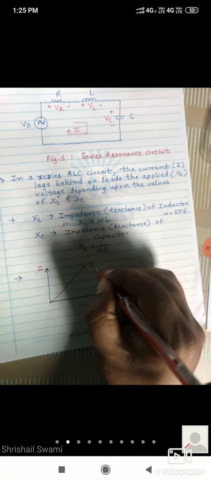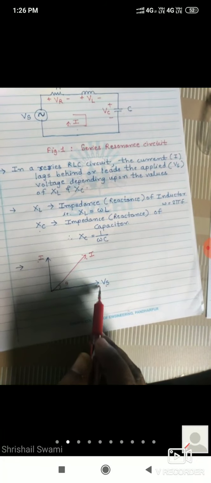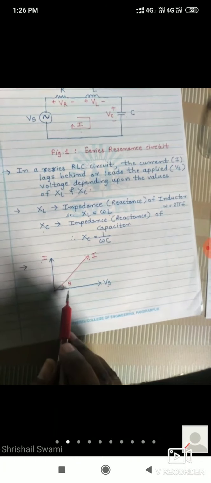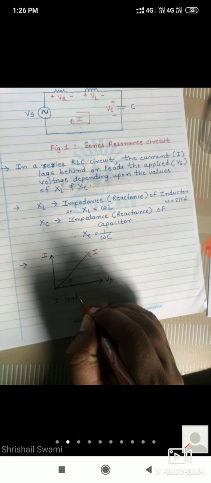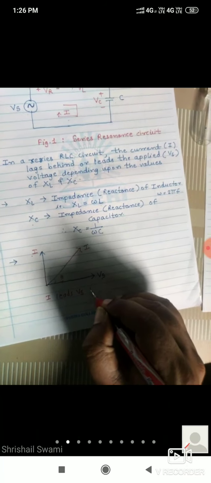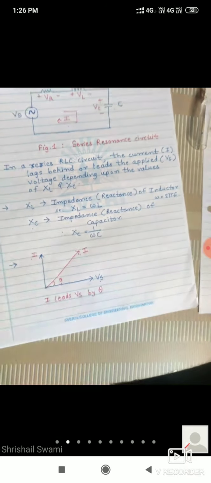Suppose this will be the current I. So the current I leads the voltage V by angle theta, meaning I is ahead of Vs by angle theta. So here I will say the current I leads the applied voltage Vs by angle theta.